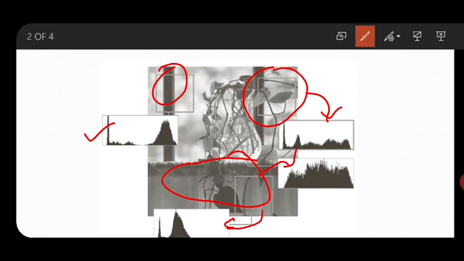Considering it in terms of time domain, what is varying here? The intensity of the image is varying, and the intensity directly indicates the frequency, since it is the variation of frequency with respect to time.